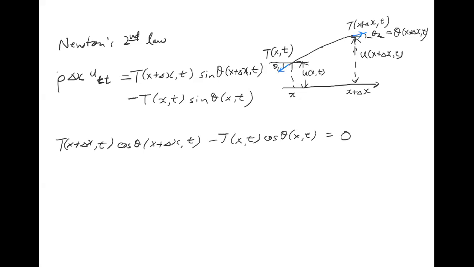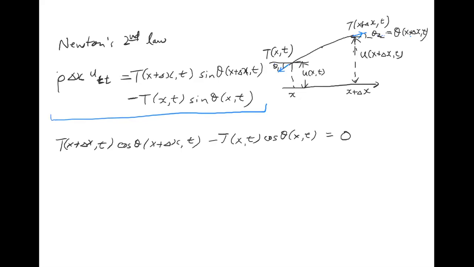I should mention that this equation I use here obviously assumes theta 1 and theta 2 are both smaller than pi over 2. Otherwise, you have to turn the sign, but it will work out okay.